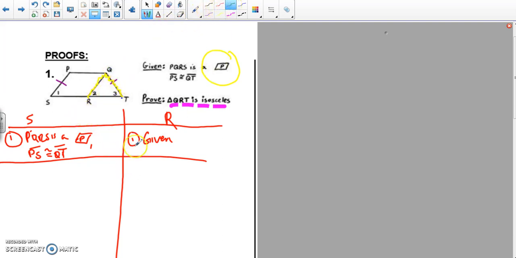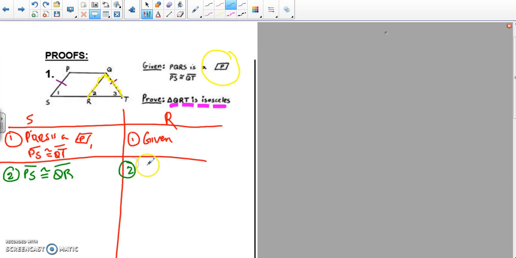Thinking about what we know about a parallelogram, we actually know something about side QR. Back in the test that you guys did a great job with, we know for a fact, since this is a parallelogram, that side PS has to be congruent to side QR.